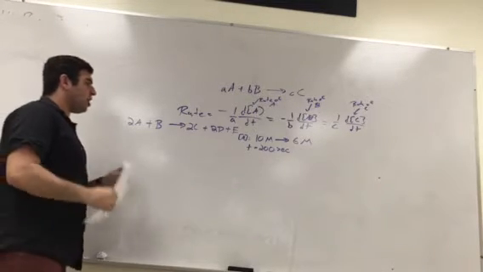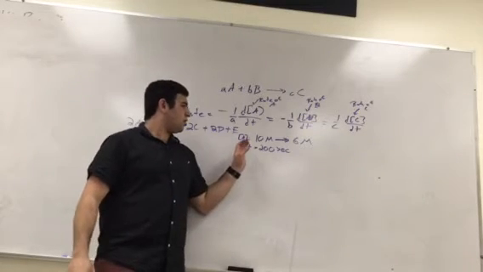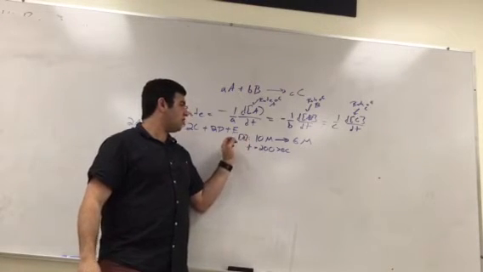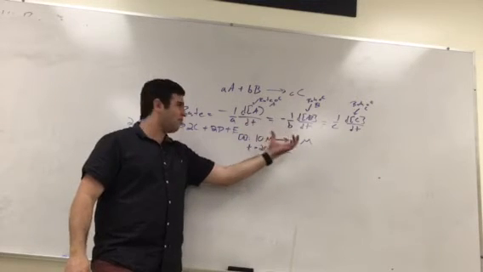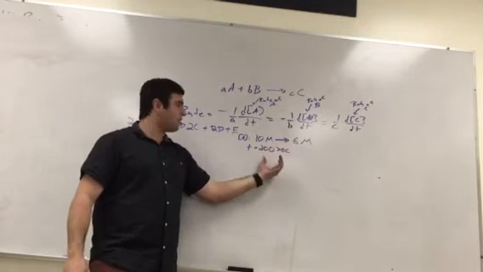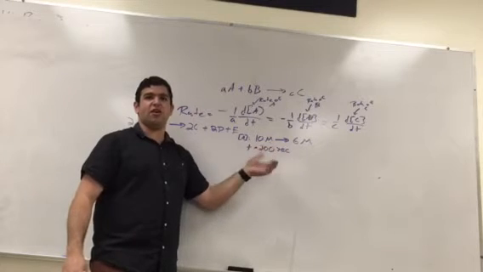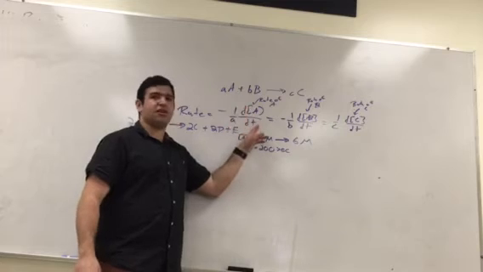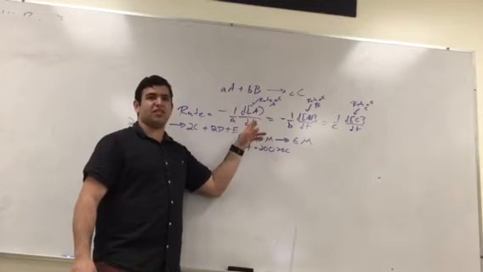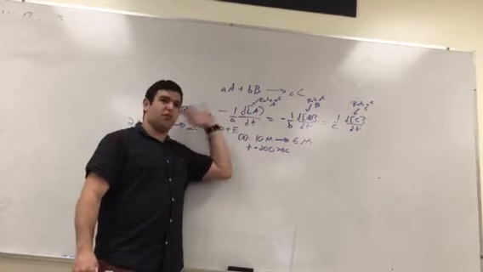So if I calculate, how much did A go down? Final minus initial, it went down by 4 molarity. Divide that by seconds, you get a rate. What is that rate? It's the rate of A, and it's asking for the average rate, which is the overall rate of the reaction.